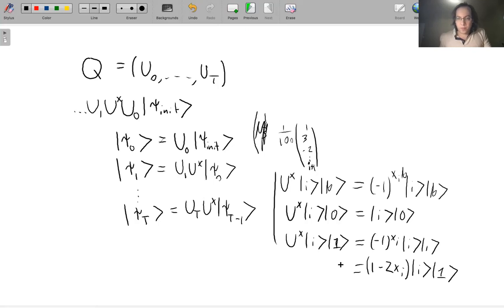Okay, so what happened here is that we have this long vector, this size 0, and we can look at one amplitude, one entry alpha.